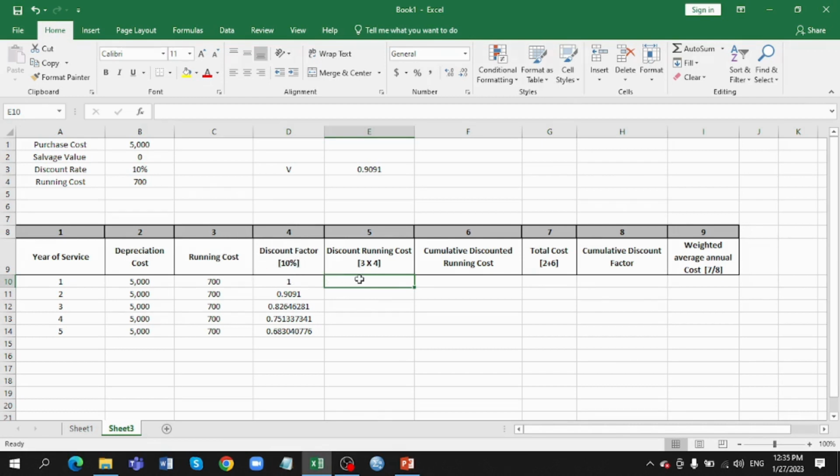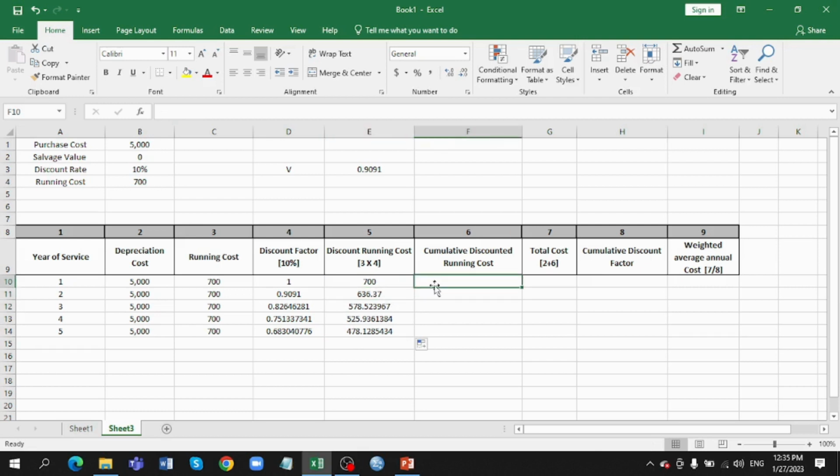So we just do equal sign, our first row 700 under the third column multiplied by 1 under the fourth column. Then that's it. Let's put this one at the center. So we just have to drag this one. Okay, easy as that.